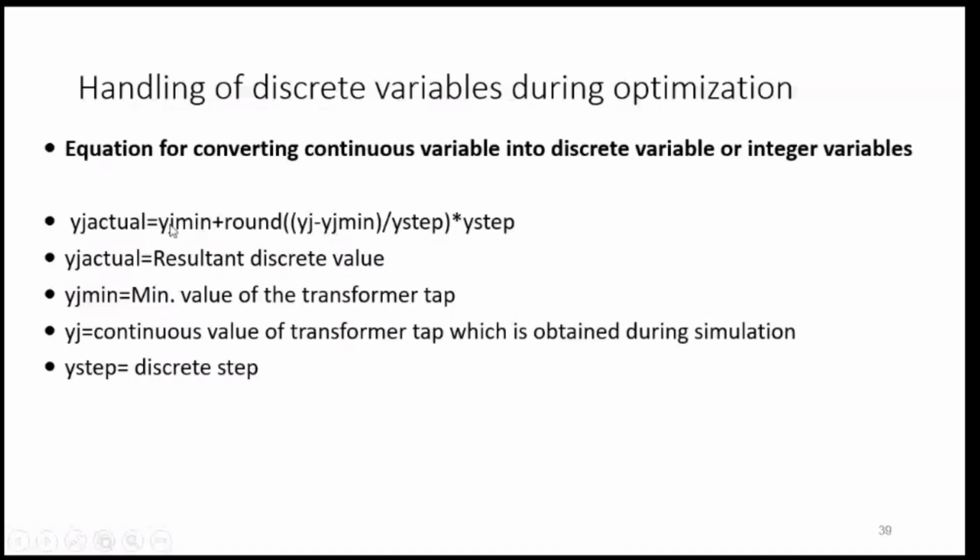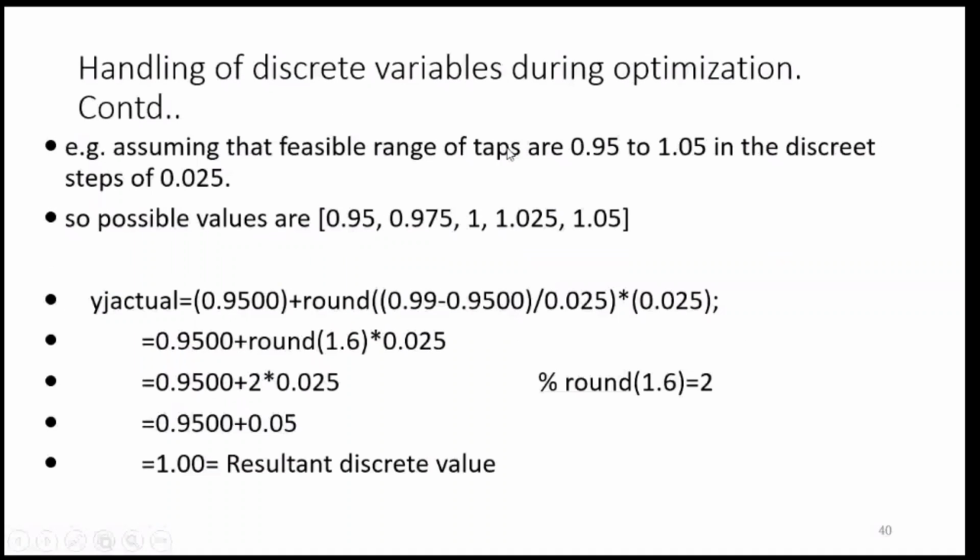So suppose I assume that I have one variable, known as the taps, right? Whose minimum limit is 0.95 and maximum limit is 1.05, and it occurs in steps of 0.025. It means their possible values are 0.95, 0.975, 1, 1.025 and 1.05, right?